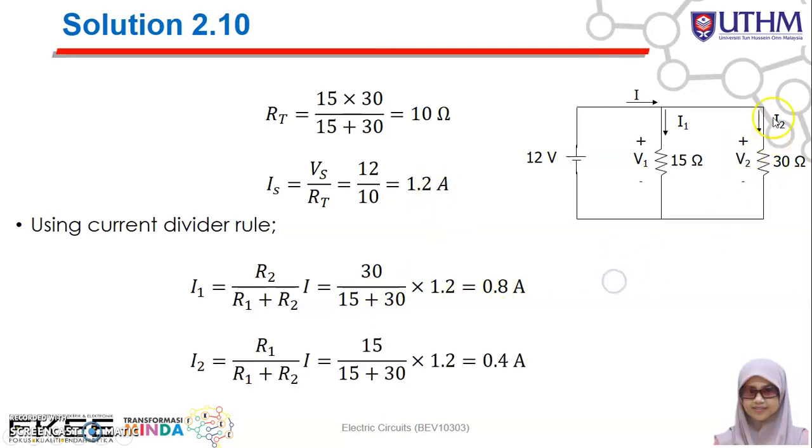For I2 is equal to R1 divided by R1 plus R2. So R1 is 15 over 15 plus 30 multiplied with 1.2 here. So finally, I2 is equal to 0.4 ampere. Okay, so that's how you use the current divider rule to find the value of I1 and I2.